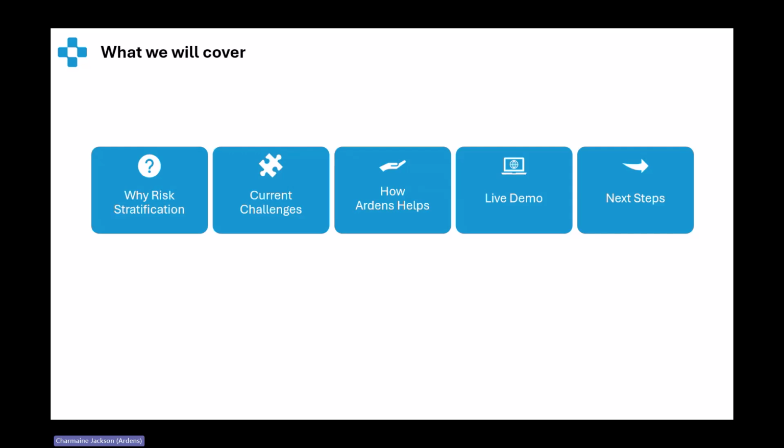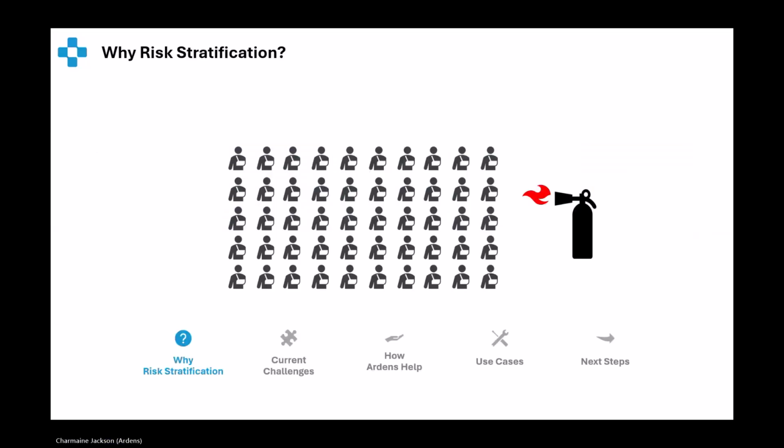Please note that the majority of the session will be on Ardens Manager today. In order to use what we show you, you have to be an Ardens Manager subscriber, but don't worry, we will fill you in on how you can log in if you're an existing user and how you can sign up if you are on a trial. We will also touch on some of the clinical resources at the end of the session.